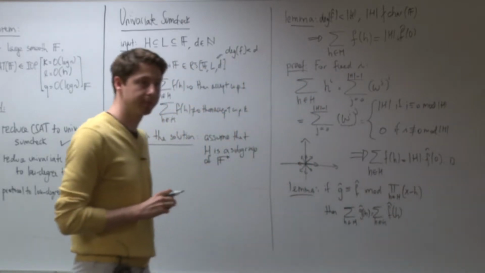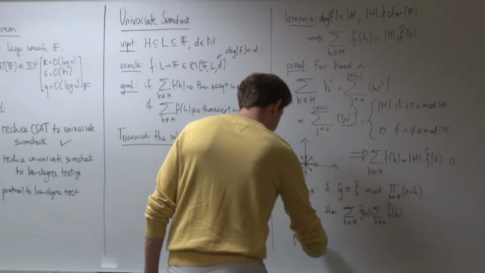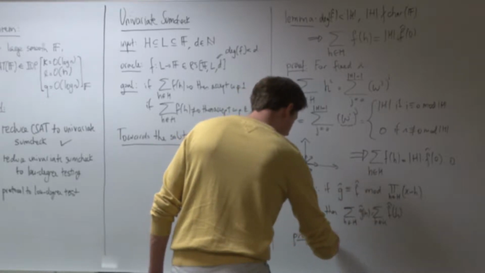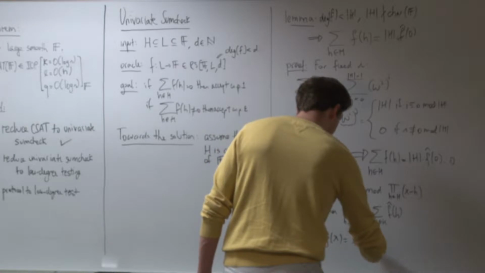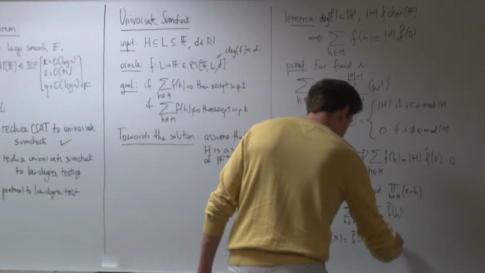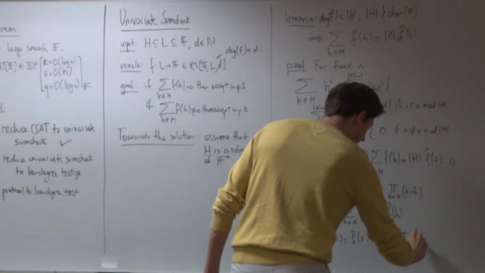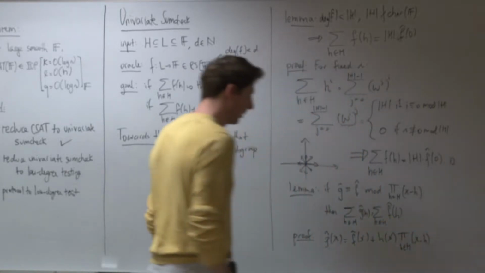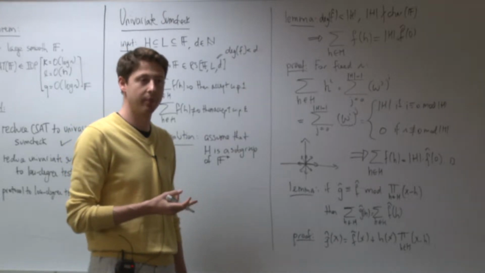Do we agree? The proof is that g hat of x will equal f hat of x plus some multiplier times this polynomial. But when you take the sum, that polynomial just doesn't affect the sum.